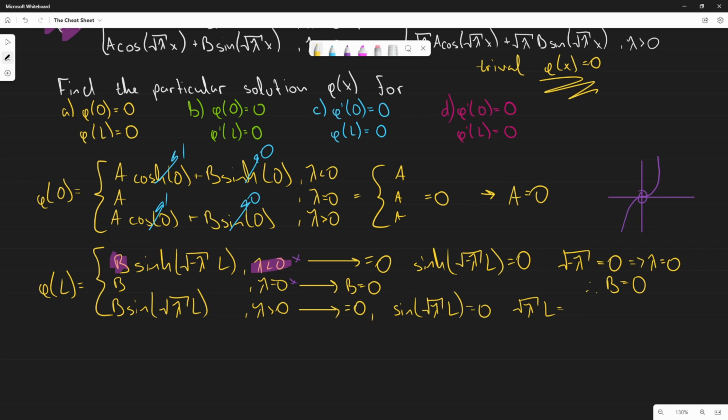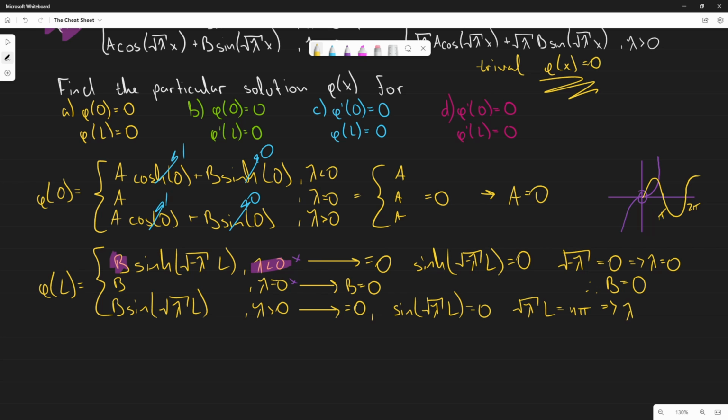If you know how a sine function looks, this will be for every n pi interval. When we look at our sine graph, we will see that it occurs at every pi value.